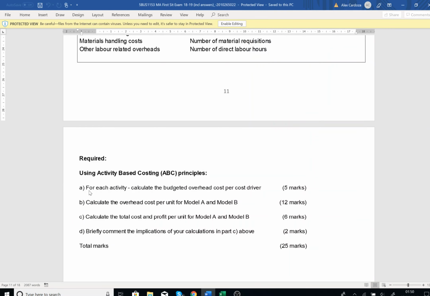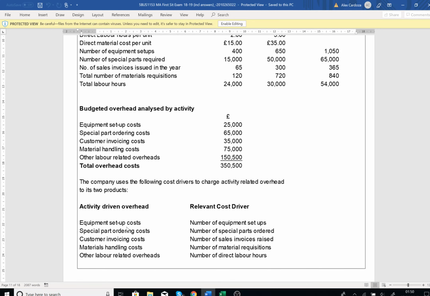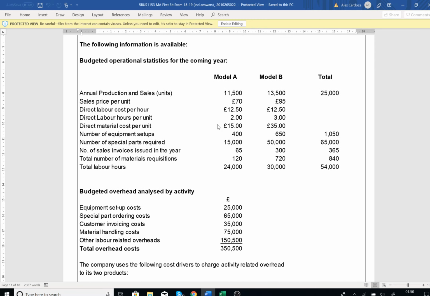And it says here, for each activity, calculate the budgeted overhead cost per cost driver. So here you would say equipment setup costs, so how much it costs to set up equipment. You've got 25,000 here. What's driving that is how many times you need to set up your equipment.